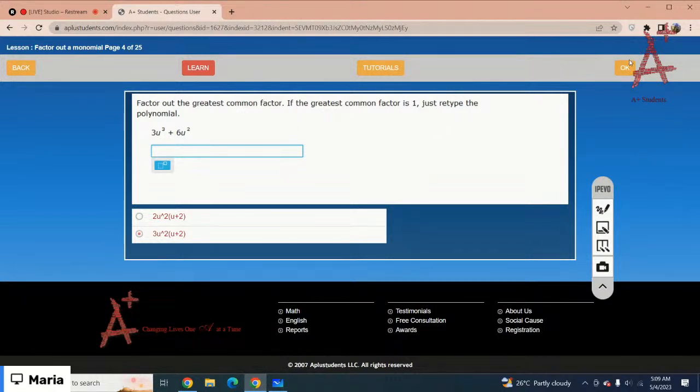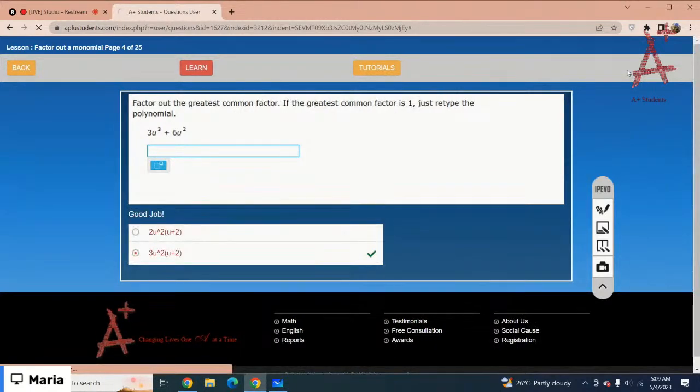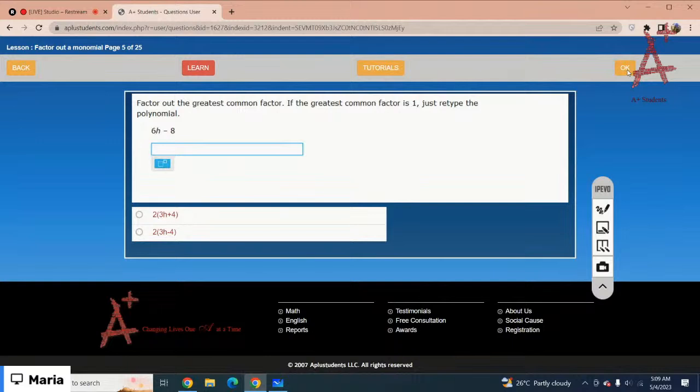That would be option number 2. You can take 2 common, so you are left with 2 times 3h minus 4.